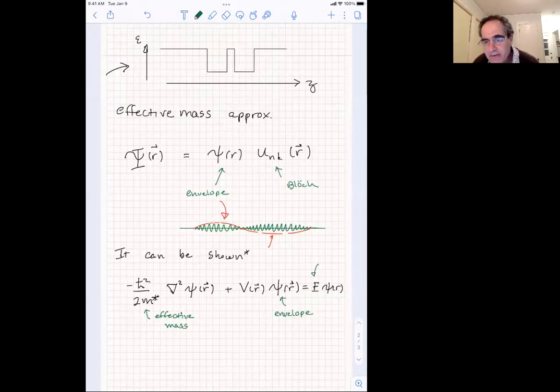For example, for electrons, it would be the energy relative to the minimum energy of the conduction band. Okay? So that's what our Schrodinger's equation is going to look like in the effective mass approximation. And within this approximation now, we can figure out what the energy levels of two-dimensional nanostructures or quantum wells should look like.